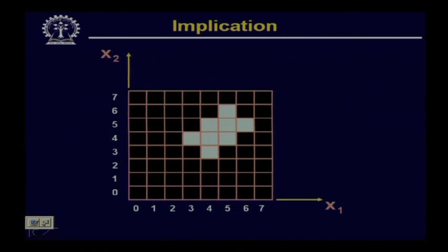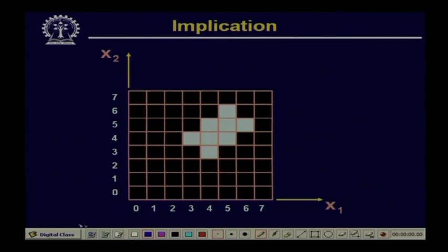Now, what we plan to do is find the KL transform of those pixel locations where an object is present. So, from this we have the population of vectors, considering the locations of the pixels where an object is present, that is, where the pixel is white.